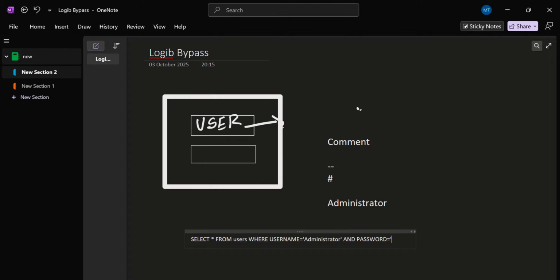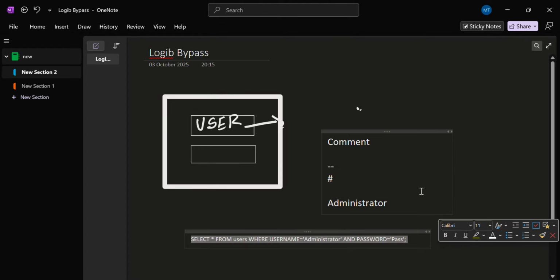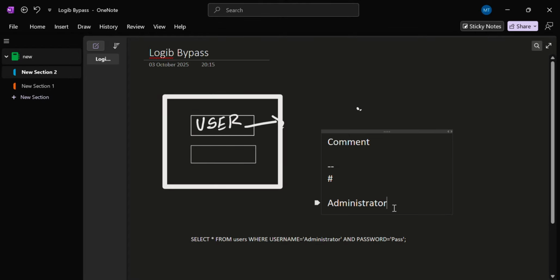So here, whenever a user is entering username and password, this is the SQL query running in the background. They take the administrator as the username and they will take the password and compare, checking whether it is matching or not. If it is matching, you will get the access. But here we don't have the password.